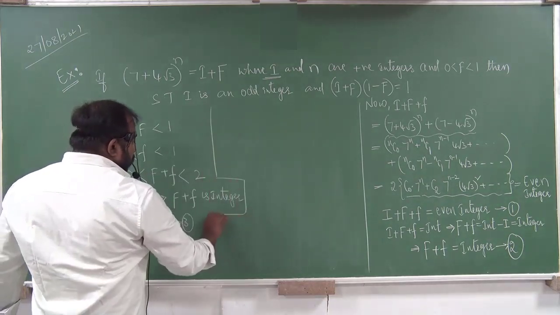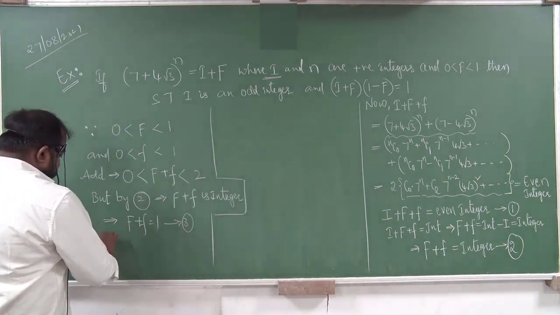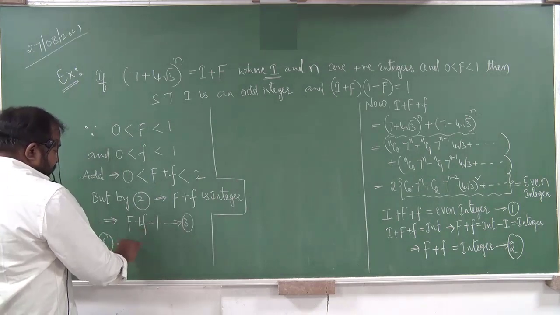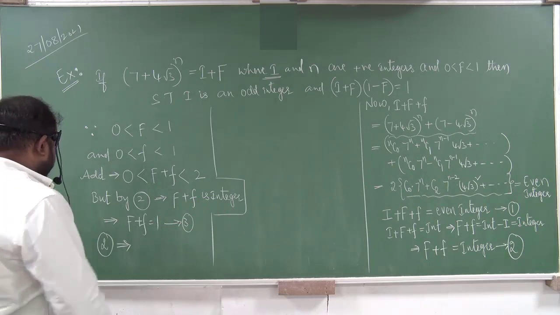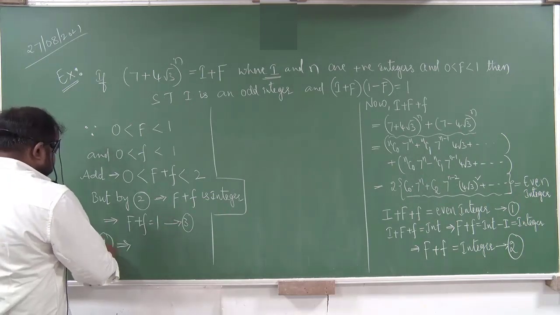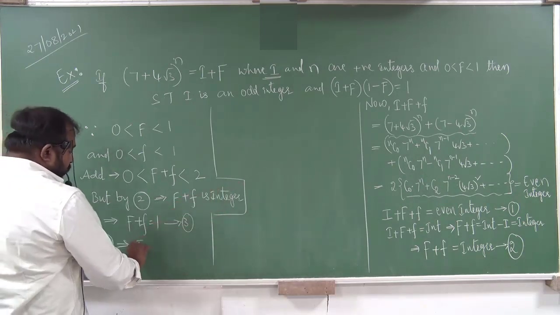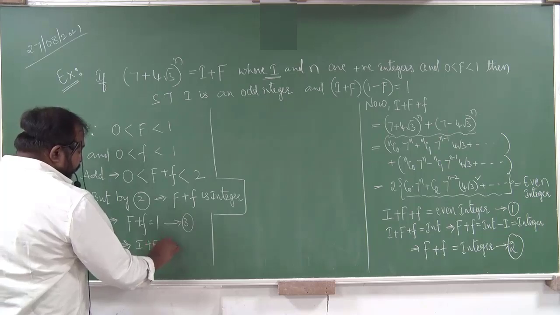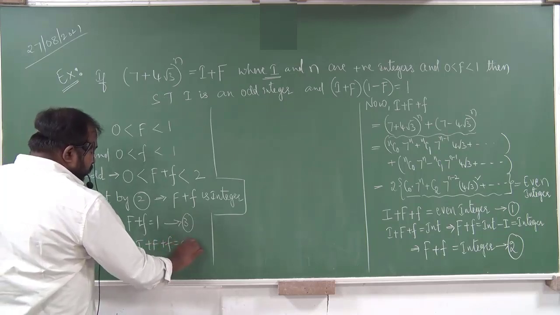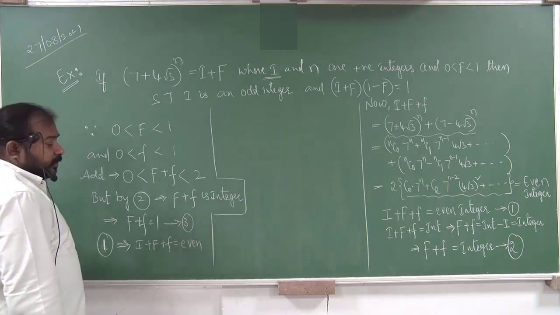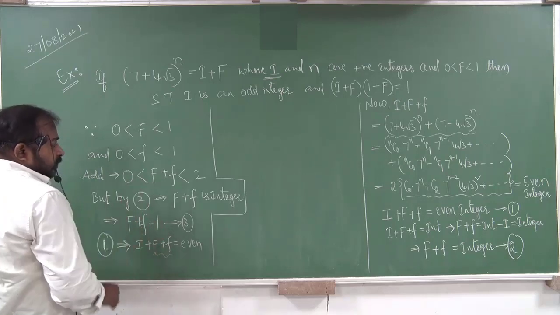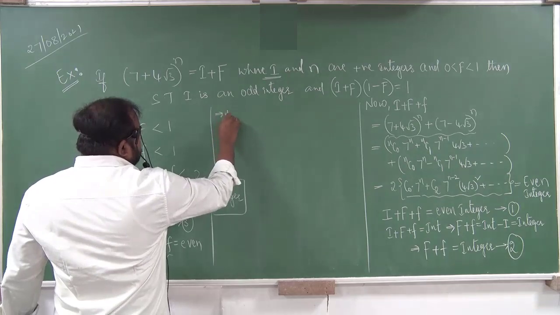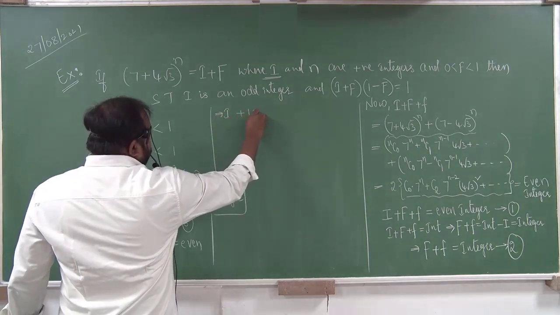Now, with the third equation and the first equation, what will you get? From the first equation, I plus capital F plus small f is equal to even, which we are getting already. But capital F plus small f is equal to 1. So that implies I plus 1 is equal to even.